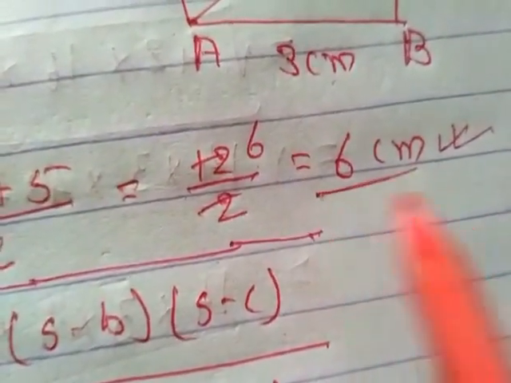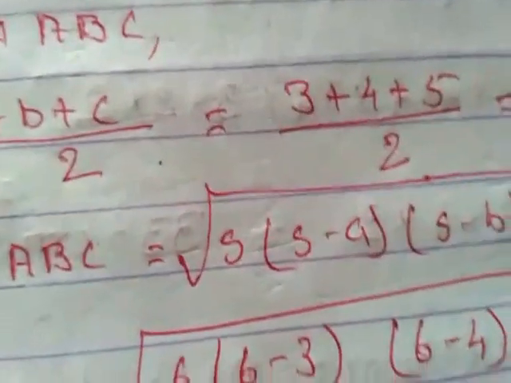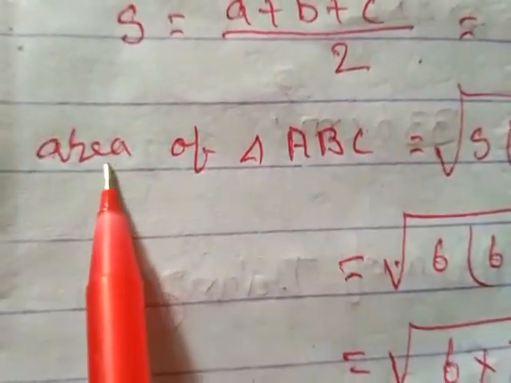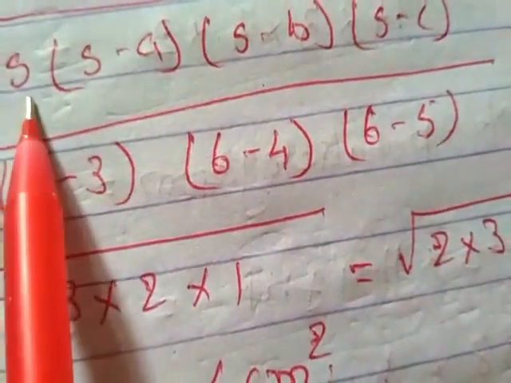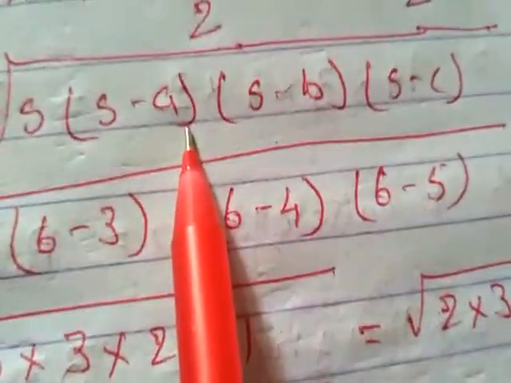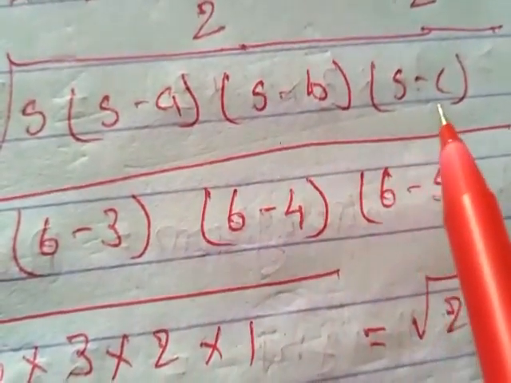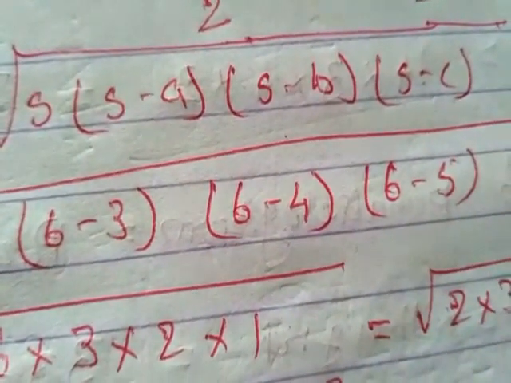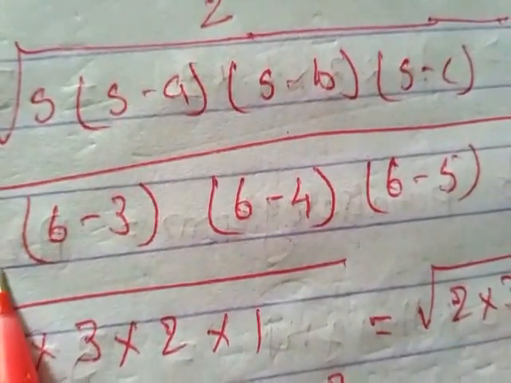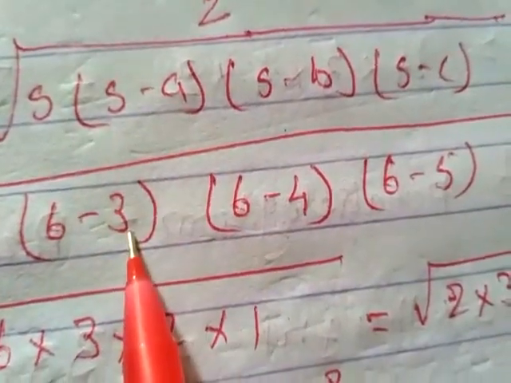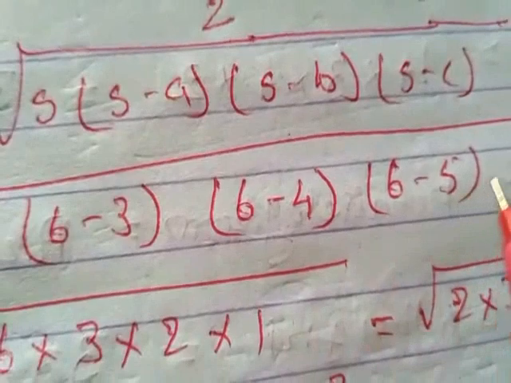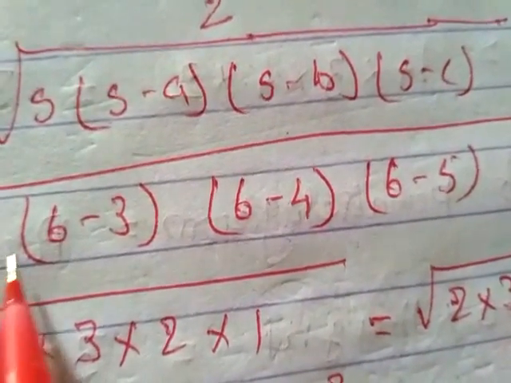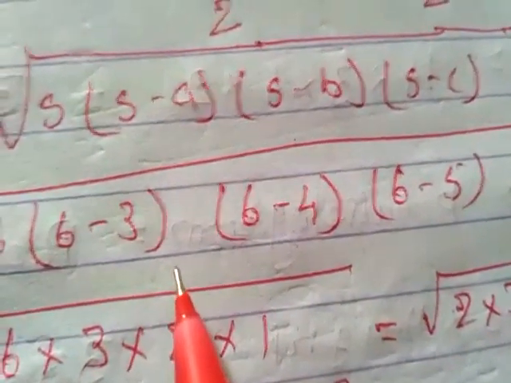Now applying Heron's formula for the area of triangle ABC, we have the square root of S into (S minus a) into (S minus b) into (S minus c). We have the value for S is 6 and for a is 3, b is 4 and c is 5. So substituting these values, we have 6 into (6 minus 3), (6 minus 4) into (6 minus 5).